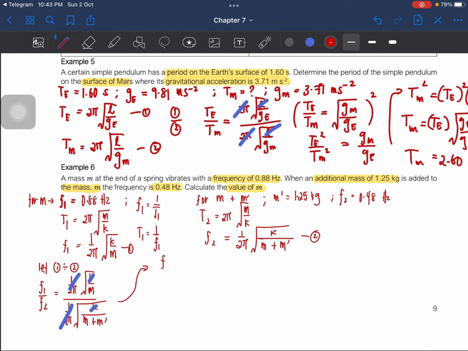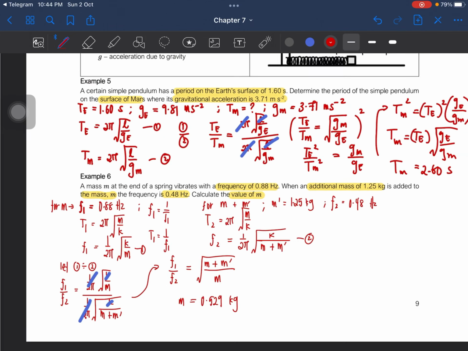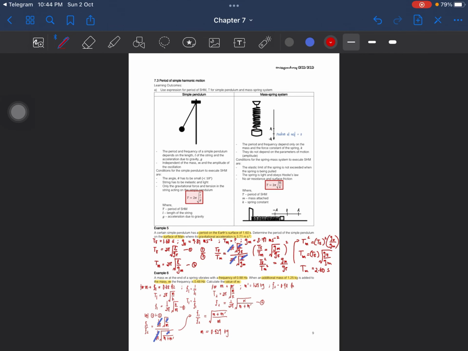So this is going to be F1 over F2 equal to the square root of M plus M apostrophe over M. That is after simplification. So you will get M equal to 0.529 kilogram. Okay? That is for example number 6, and that is for subtopic number 3.